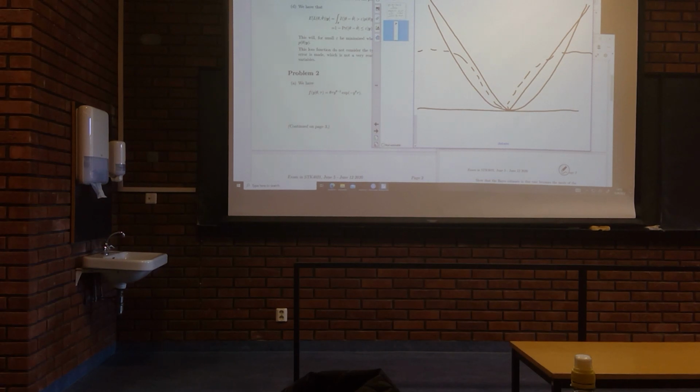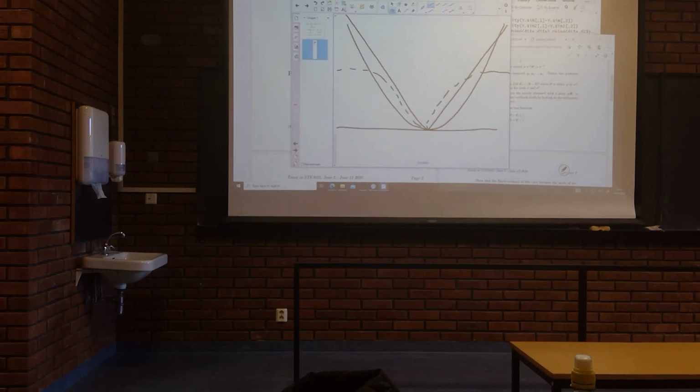So it depends a bit on the setting that you are interested in. That said, again, one should never only report this point estimate.